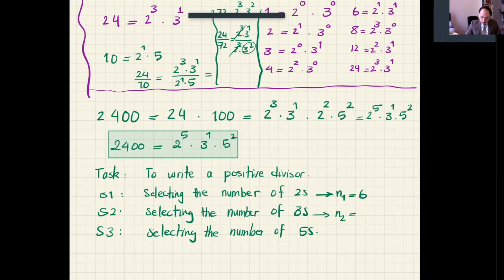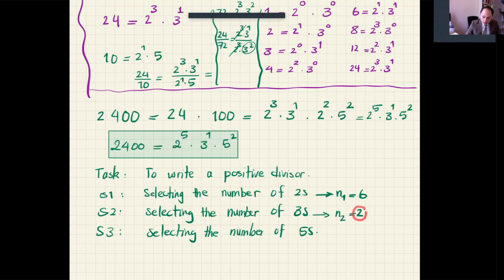So N2, what is N2? N2 means how many ways I can select a 3, yes? I can select at most 1 3. I can decide not to choose 3 at all or choose at most 1 3. So how many options are available when I come to stage 2? This is 2. For writing this 2, you have to be a little bit careful.